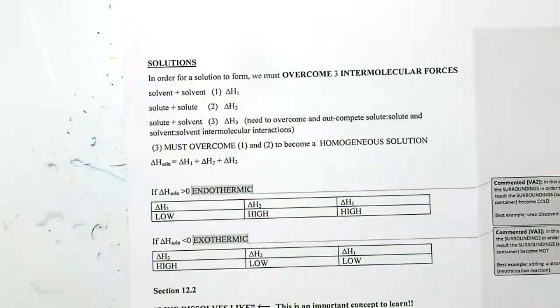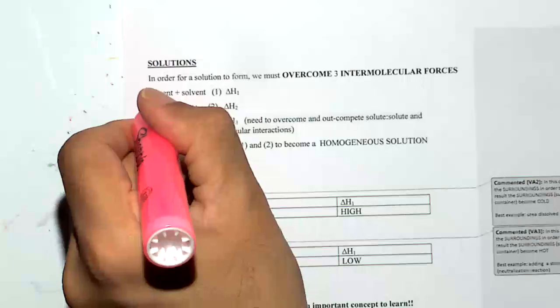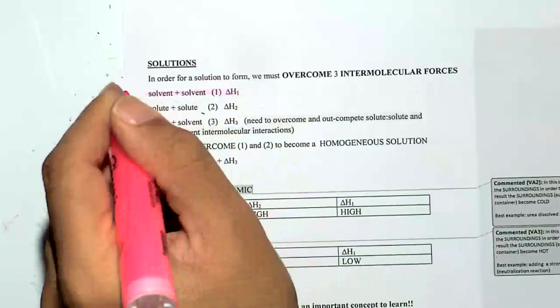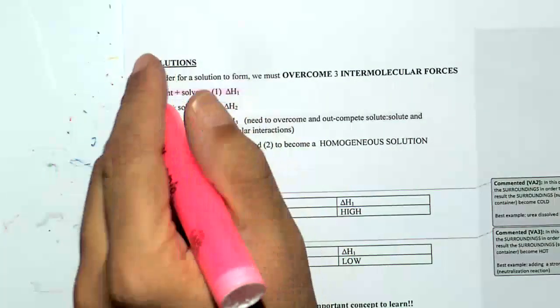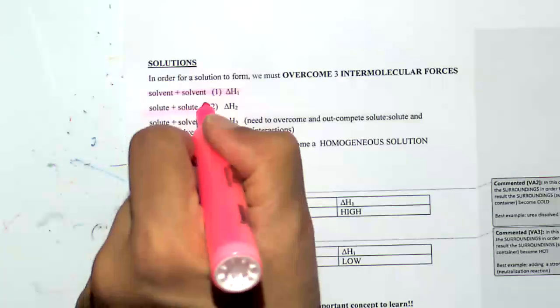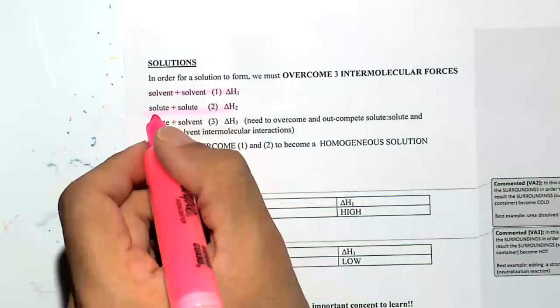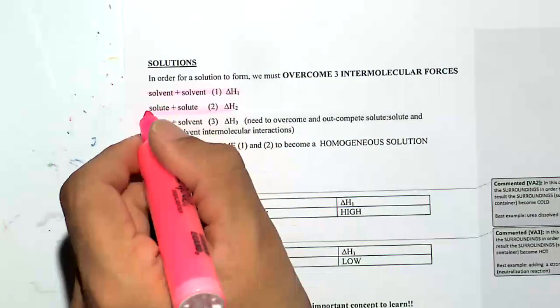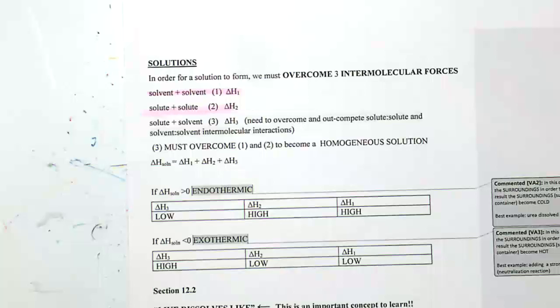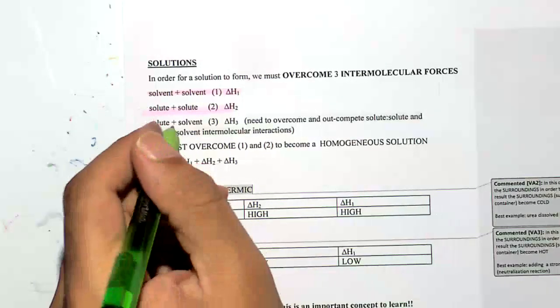All right, just really quickly here, to make a solution, to make something like this that's completely dissolved, you have to overcome some IMF, intermolecular forces. You've got to overcome the solvent-solvent intermolecular forces and the energy required for that, and the solute-solute intermolecular forces, and then you'll get your solute-solvent IMF.